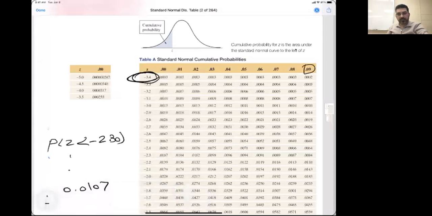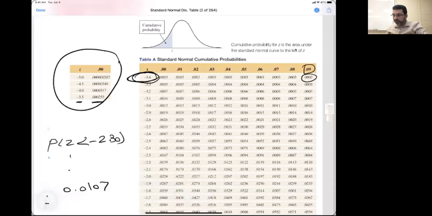What is the area to the left of negative 3.49? It's 0.0002. So it's very close to zero. Also look here in this small table: negative 3.5 is what?